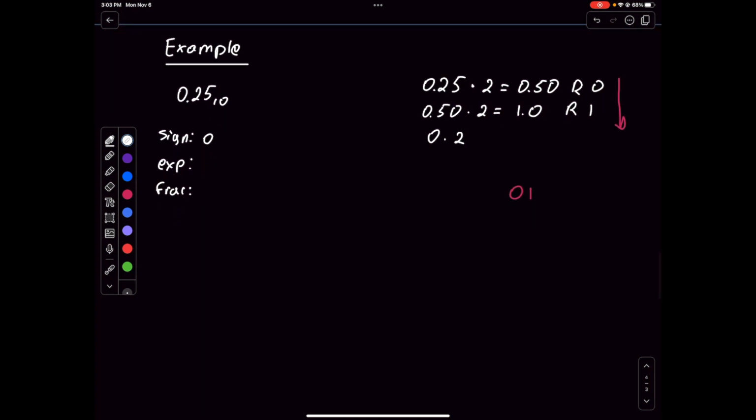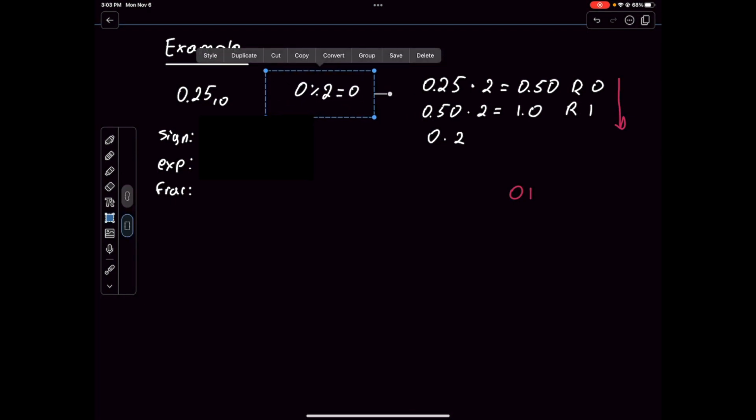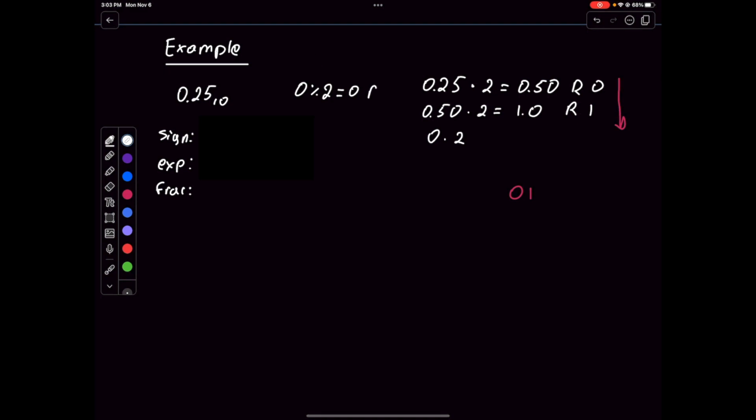And now let's remember that the number to the left of the decimal point is just 0. So if you just do 0 divided by 2, it is going to be 0. The remainder is also 0. So, the actual thing that we have, and we remember to read it from bottom to top, is just a 0.